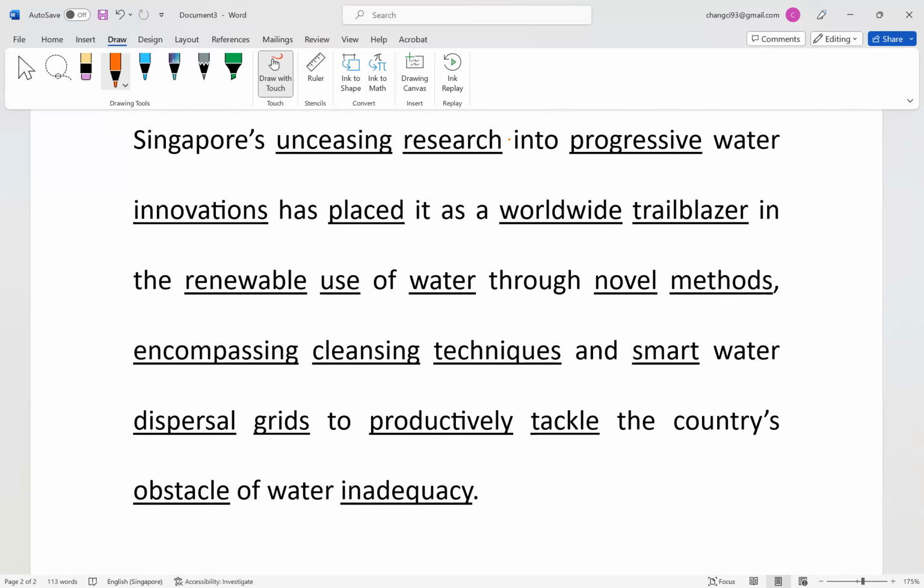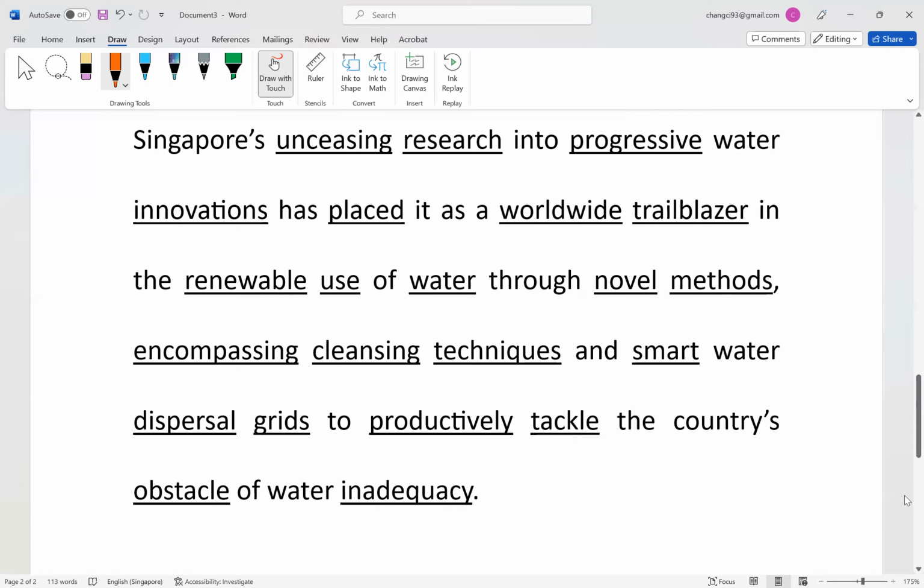So I decided to use more of a contextual paraphrase. Has positioned it as a global leader, worldwide trailblazer or pioneer also can, in sustainable water management, right? Sustainable can mean feasible or viable, sure, but in context, it means renewable use of water, right? So I swapped out renewable for sustainable, use for management, okay?